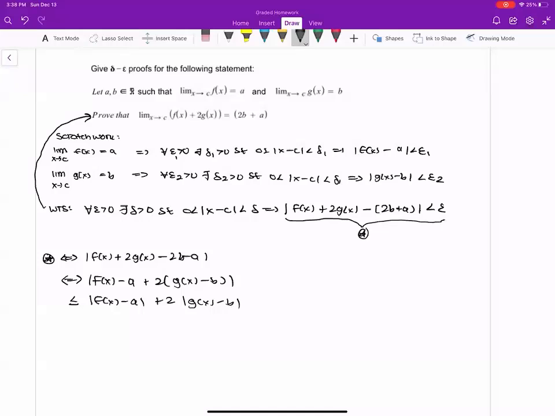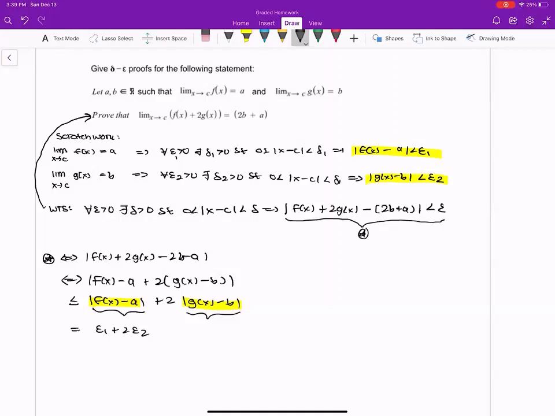And look what we have right here. So we have two terms that we already know. So here we know these two and these two. So what can we say about that? We can write that this is equal to epsilon 1 plus 2 epsilon 2.